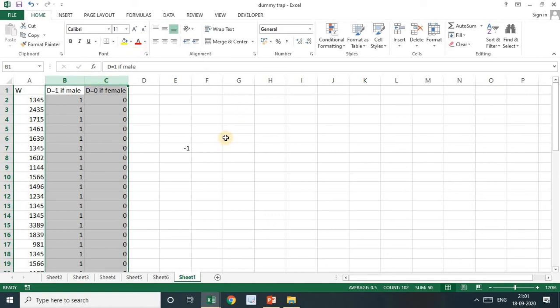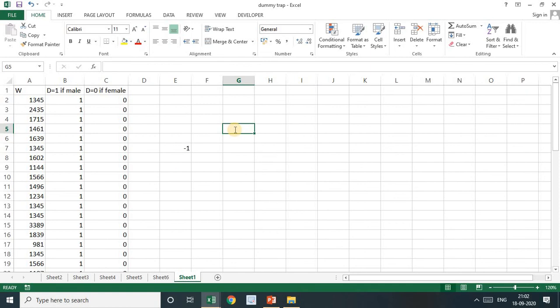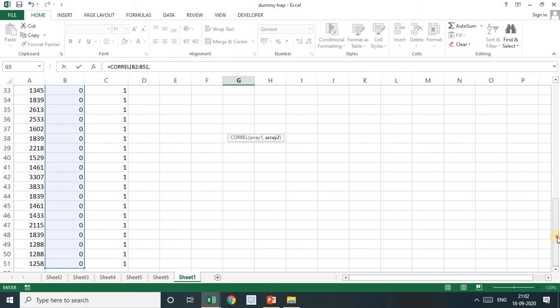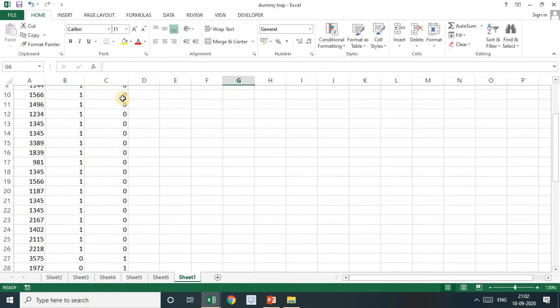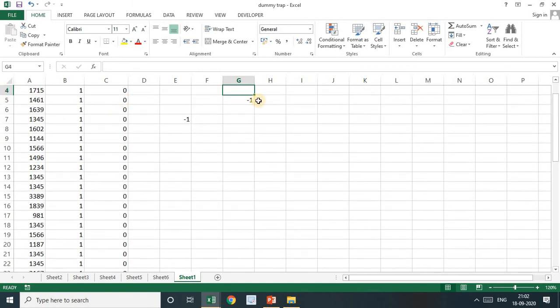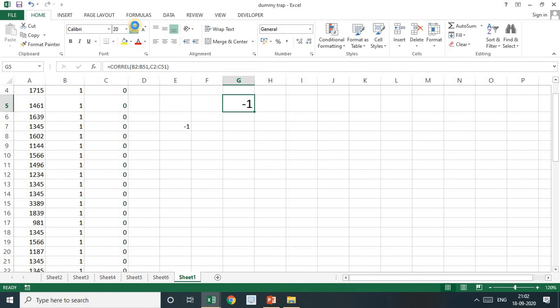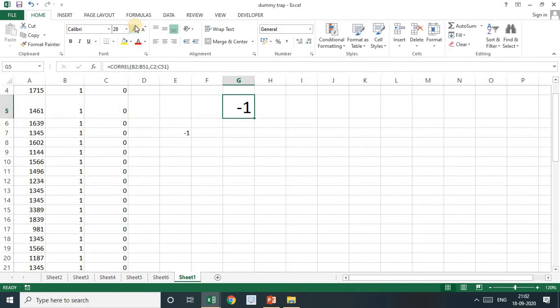So you find out the correlation between these two. Look at this value. How much is it? You're getting negative 1. If a correlation is negative 1, what does it mean?